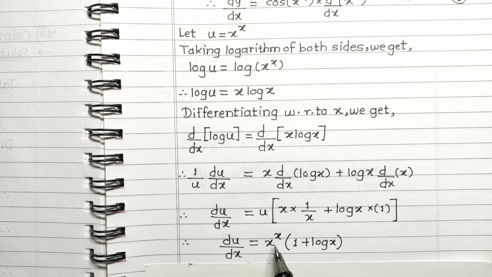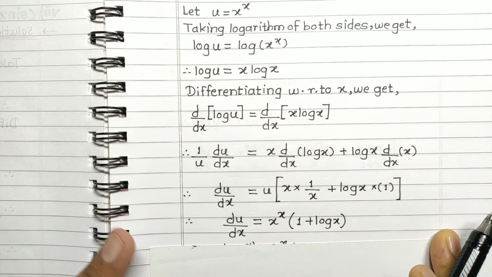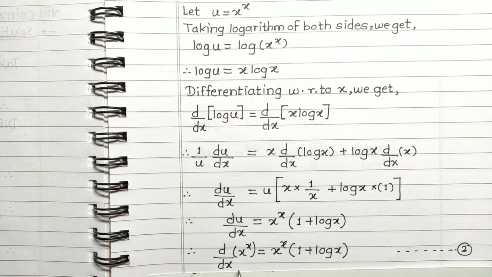So replacing that u, we have du by dx is equal to x raised to x into 1 plus log x. So here we get the derivative of x raised to x as x raised to x into 1 plus log x. Call it equation number 2.